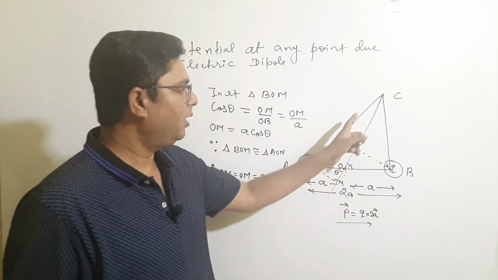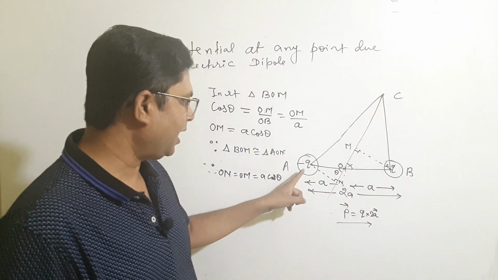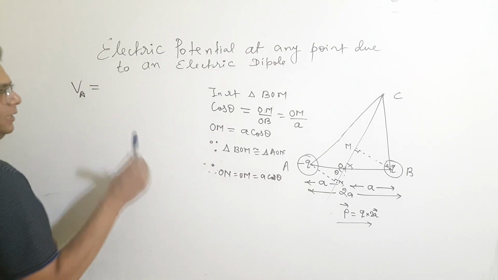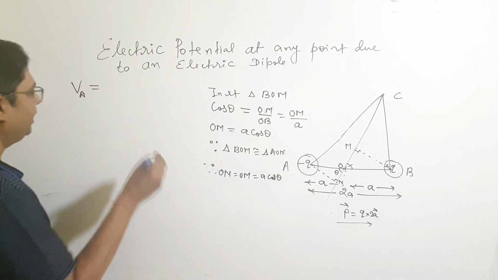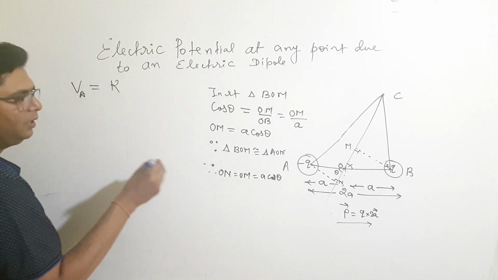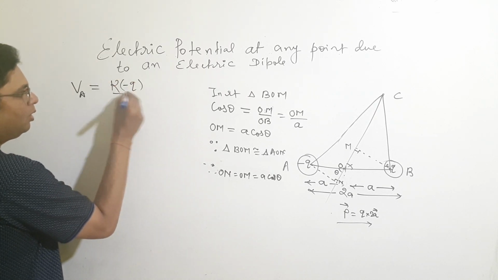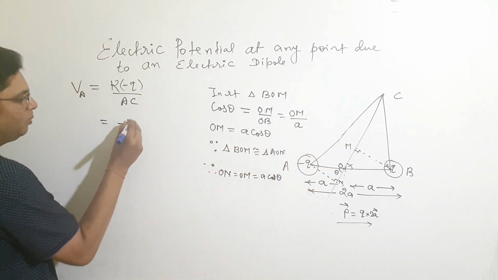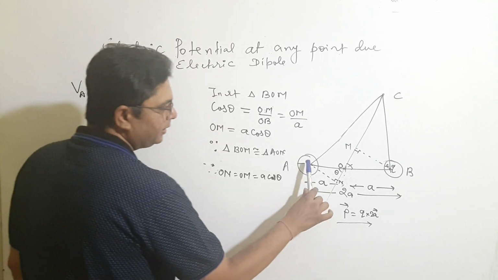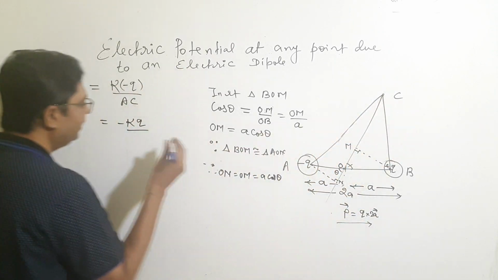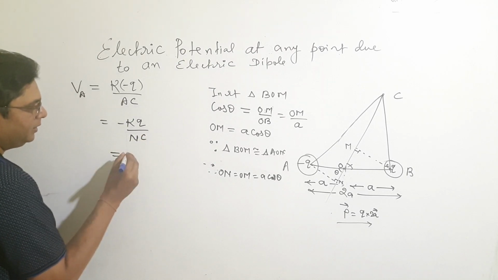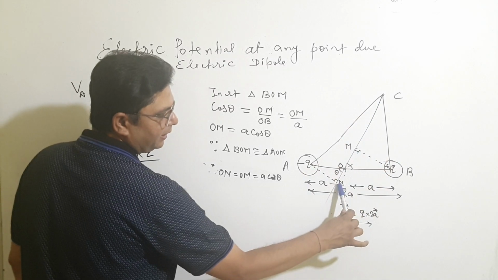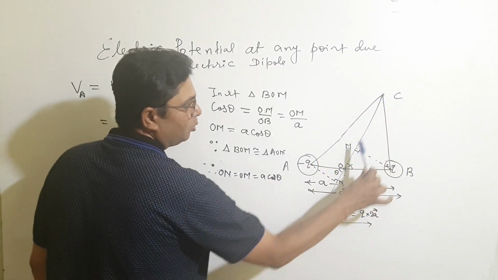Now what is the potential at C due to charge at A? This is VA. VA is equal to K times minus Q divided by AC. This equals minus KQ over NC, since AC is equal to NC. NC is equal to NO plus OC.